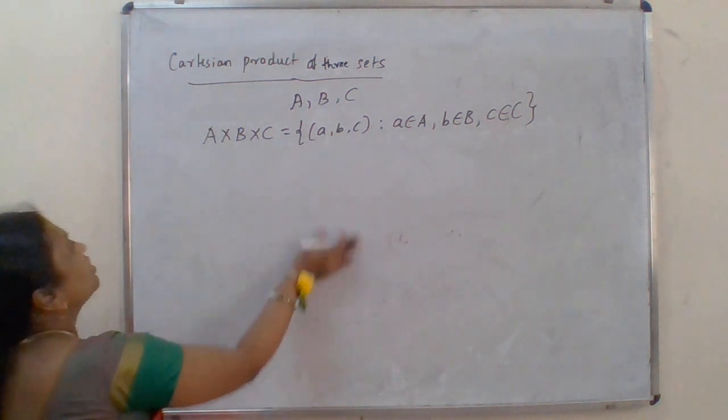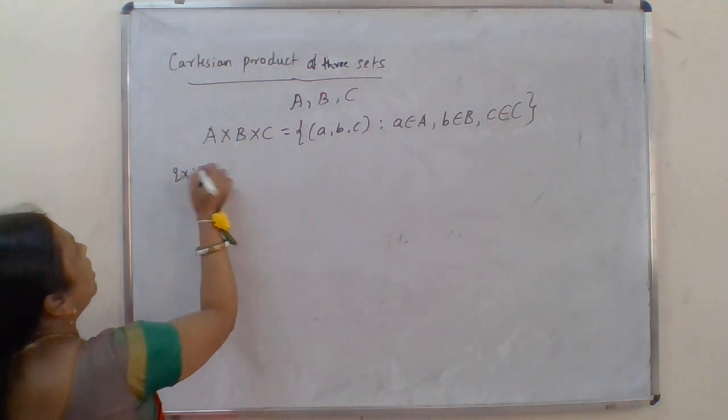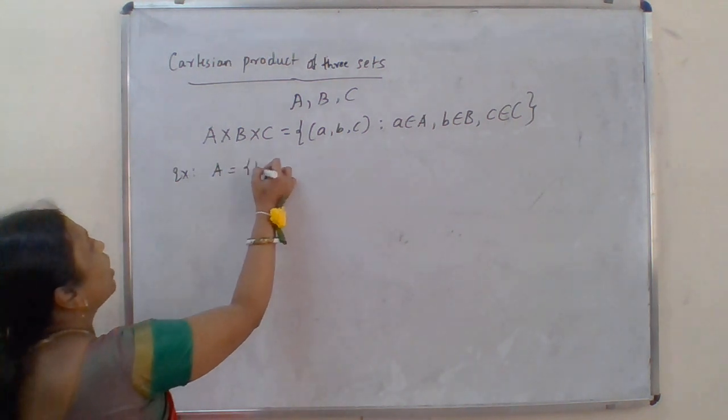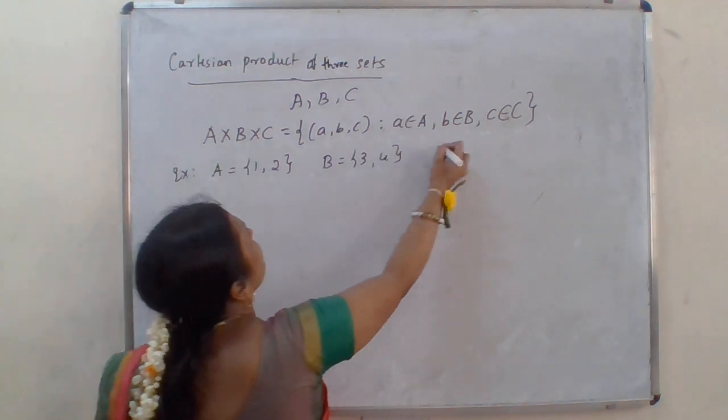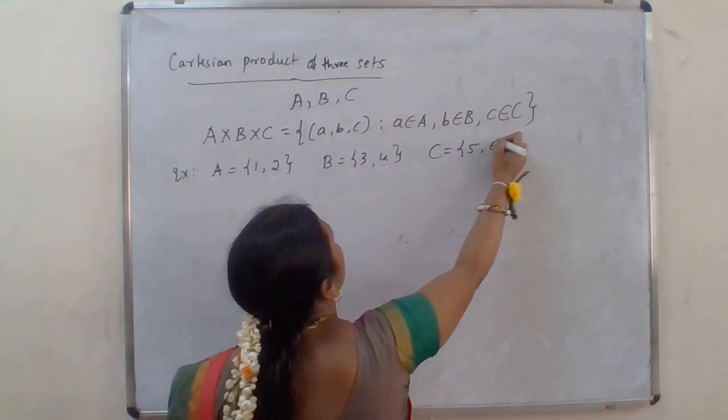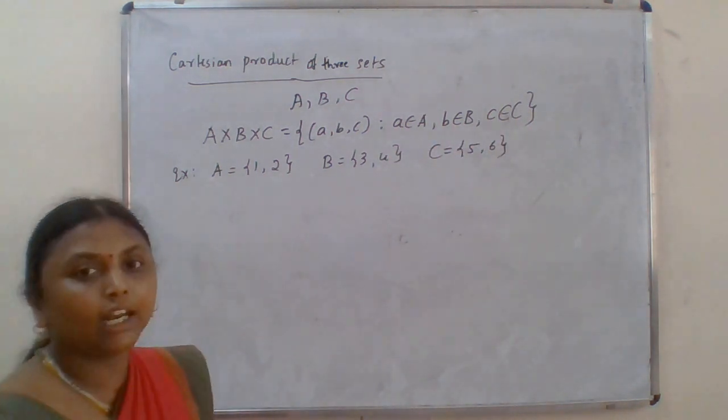Now see here, I will take one example. A is equal to the set {1, 2}, B is equal to the set {3, 4}, C is equal to the set {5, 6}. So A, B, C are any three sets.